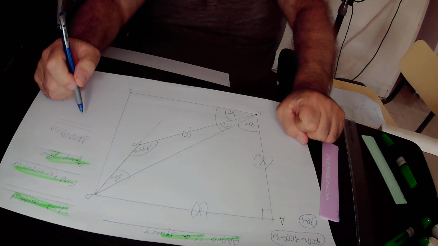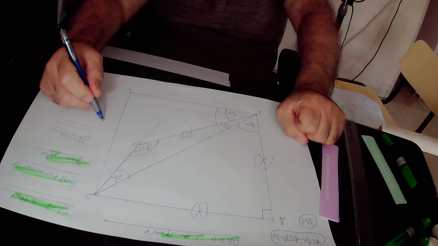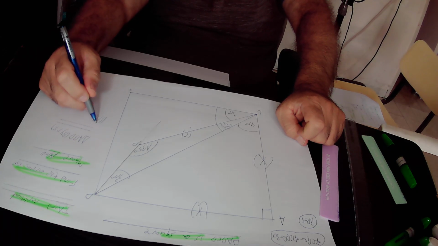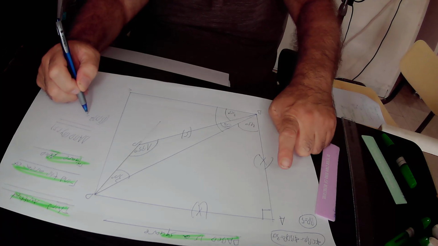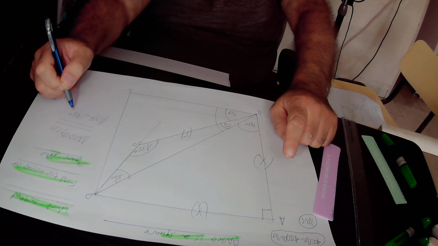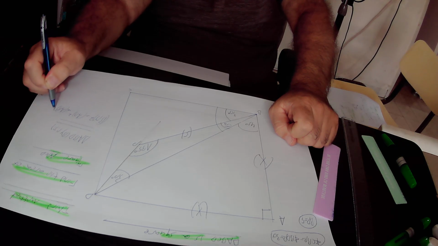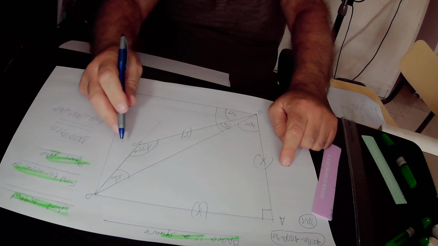So in triangle ABD, BD squared, that is the square of the hypotenuse, equals AD squared plus AB squared. The hypotenuse BD is the missing side.